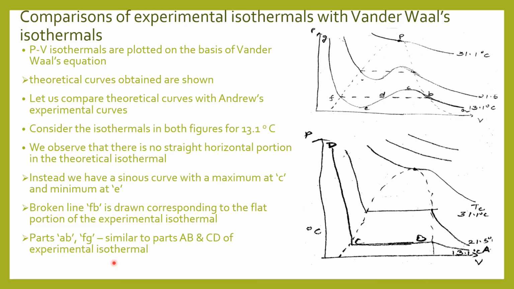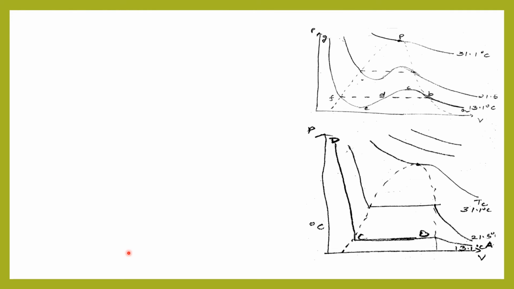Parts AB, this is the part AB, and part FG are similar to the parts AB, this capital AB, and part CD of the experimental isothermal. Therefore, the theoretical curve BCDEF does not agree with the experimental isothermal BC.